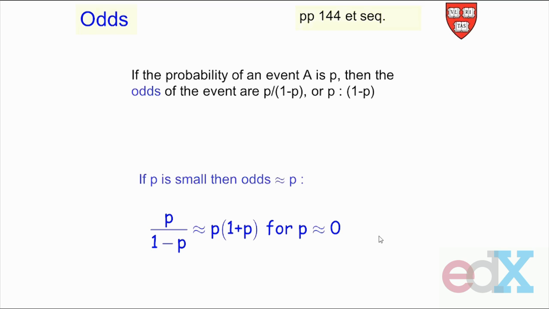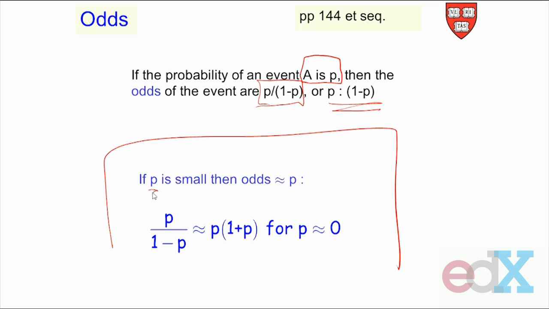And remember, if the probability of an event A is P, I'm just recalling what we saw in the past, then the odds of the event are P over 1 minus P. Sometimes you see this stated as P to 1 minus P, the ratio of P to 1 minus P. Now, you also see this in the literature quite a bit, that if P is tiny, then the odds are approximately the same as P. And that's because if you're going to expand 1 over 1 minus P, that's the same as 1 plus P. And so this is approximately equal to P because you'll leave out the P squared.